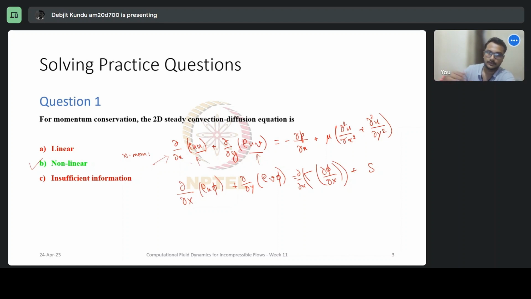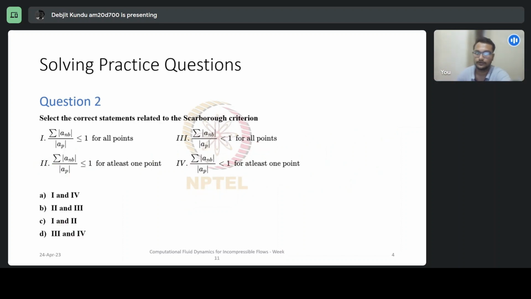Right. Okay. So we will move on to question number 2 of today's session, which is asking us to select the correct statements related to the Scarborough criterion. There are four mathematical statements given here, and among the options there are some combinations of these statements.